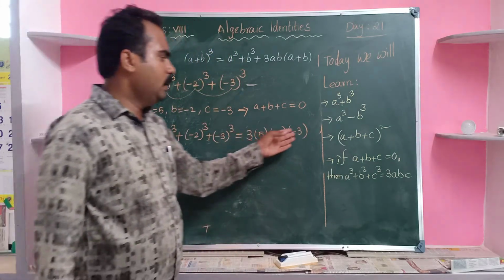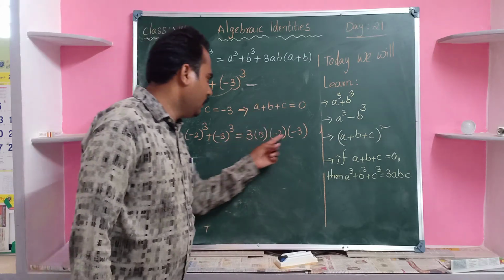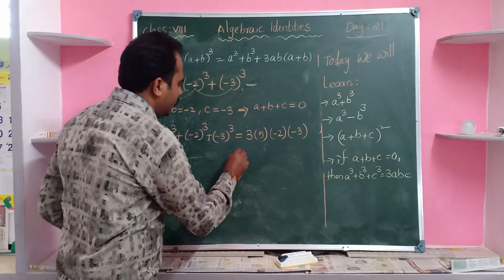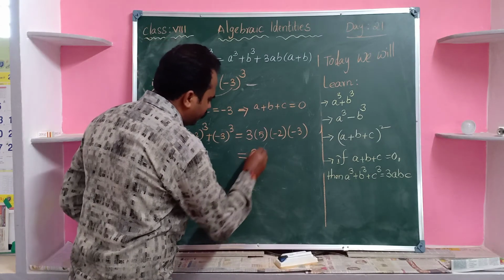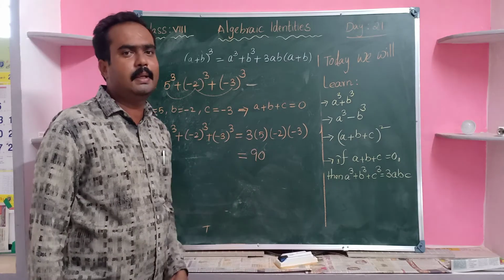So minus into minus is plus, 5 into 2 is 10, 3 into 3 is 9, 10 into 9 is 90. So without actual cubing we will get the answer as 90.